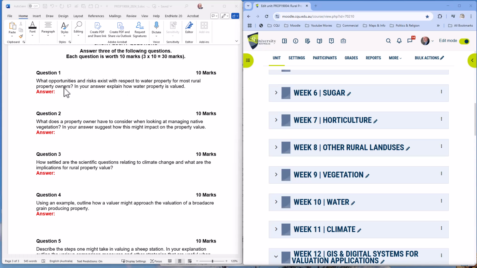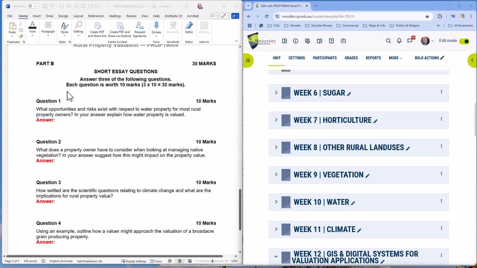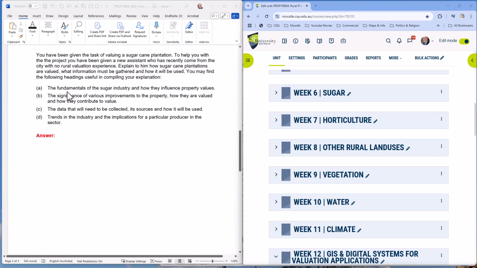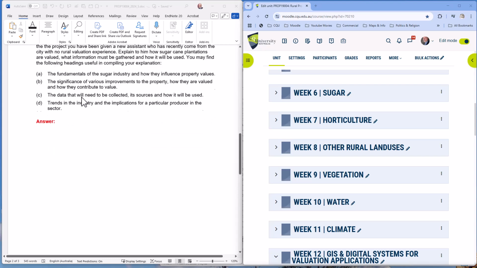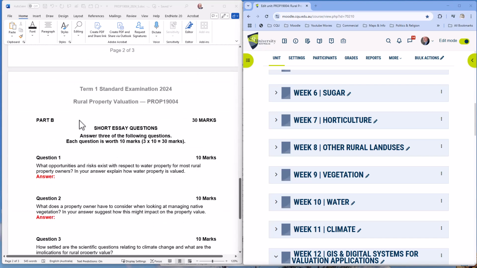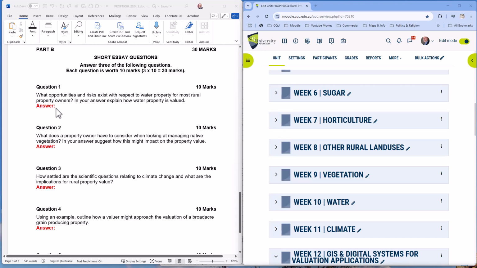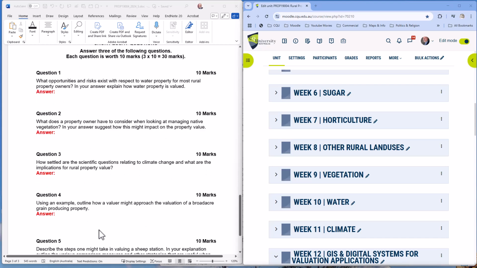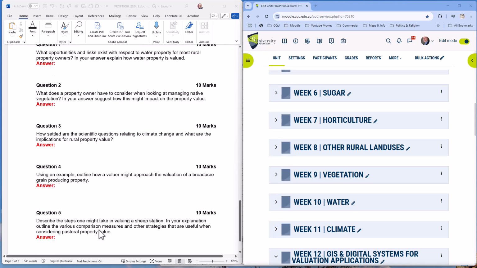Okay, and what do we cover here? Well, we've already looked at particular rural land uses up here in part A. Part A, by the way, could deal with some issues, water, climate, whatever, technology. And so here we've got the balance space to cover the other elements across the term.